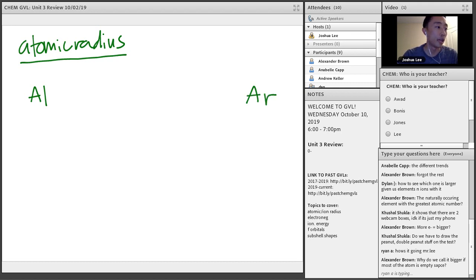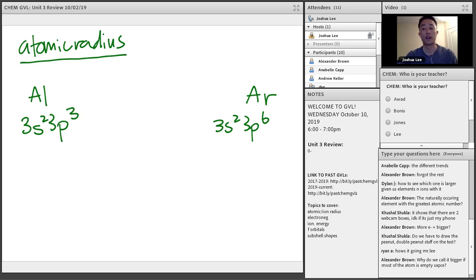They both have electrons in the 3s2, 3p. This one's 3s2, 3p1, and this is 3s2, 3p6. So they both have their highest energy level as energy level 3.